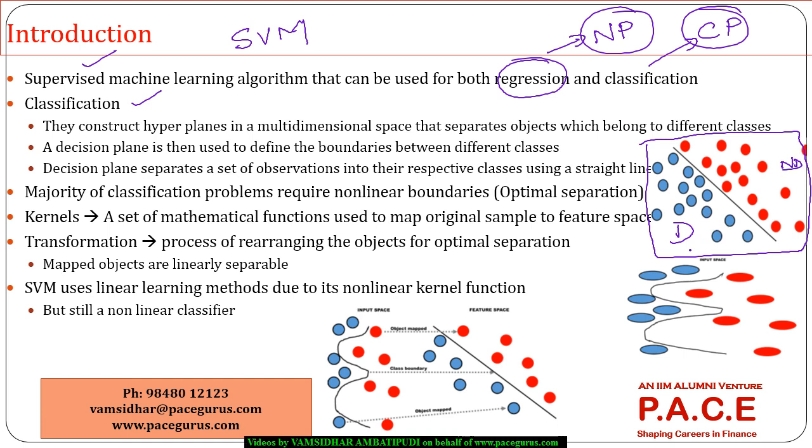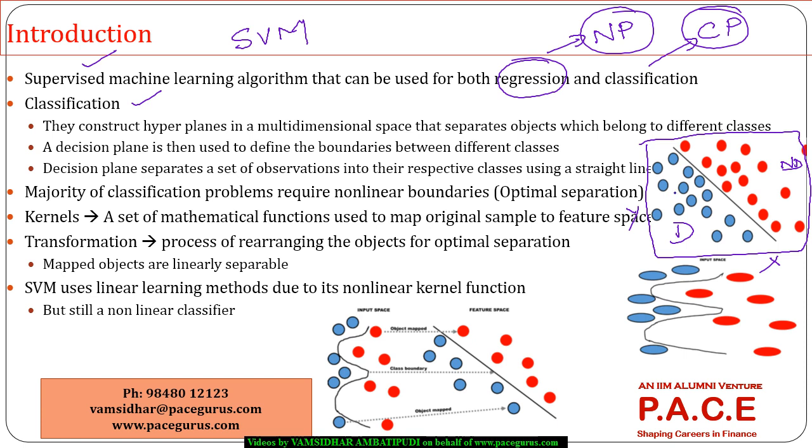I'm plotting a set of people, including both defaulters and non-defaulters, on a graph. I have some variables on the x-axis, some variables on the y-axis, and probably a few more variables on the z and other dimensions as well.